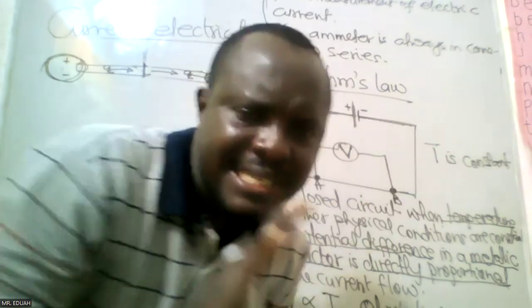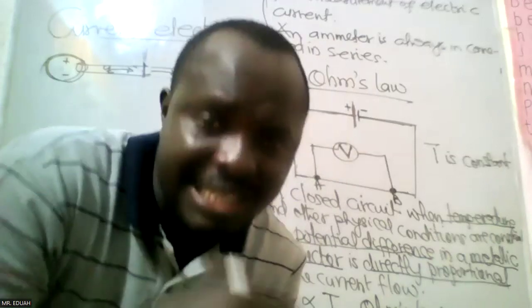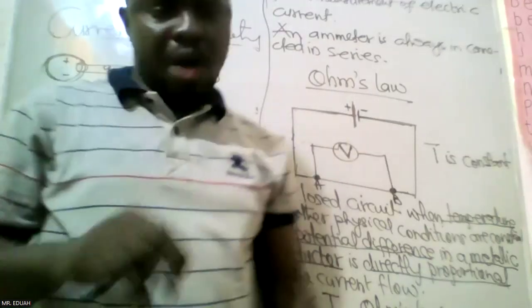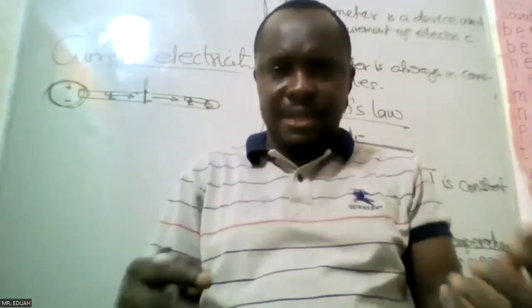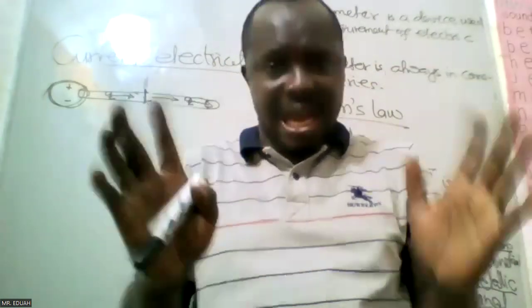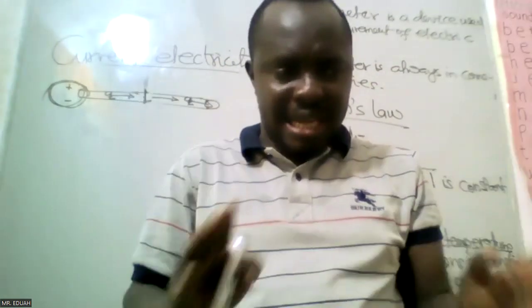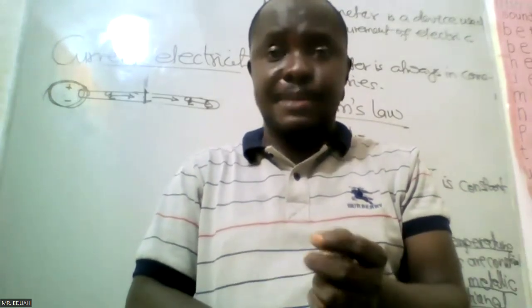It must be steady charge flow, and that will give us a constant current. Now, when temperature changes, it will affect the rate at which the charges are flowing, and so would affect the current. Later you will understand, but that is the reason for which temperature must be kept constant.